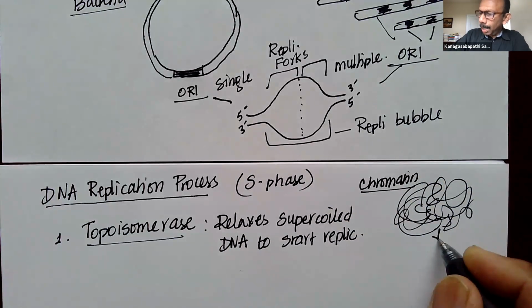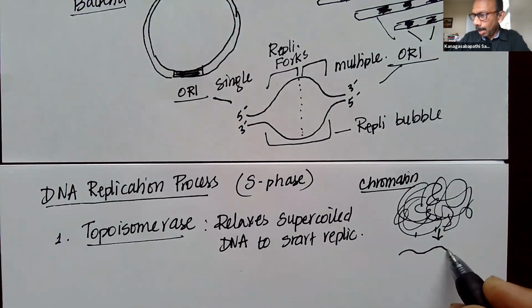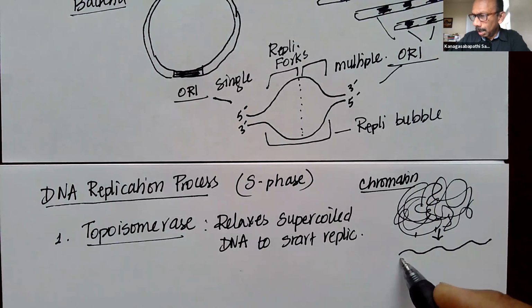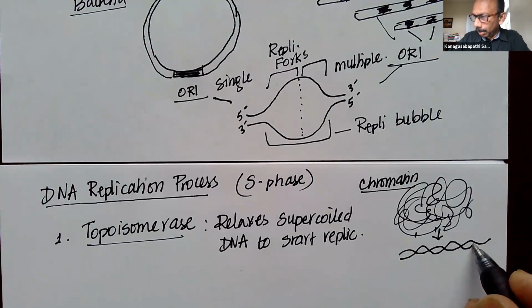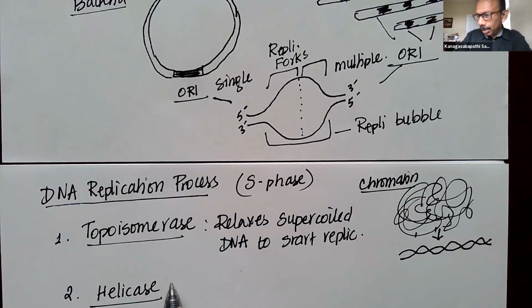So when it relaxes, it just opens up the segments of the DNA, and now it is available to do the replication. Okay. So the next enzyme that comes in is helicase. The helicase enzyme unwinds the double helix.